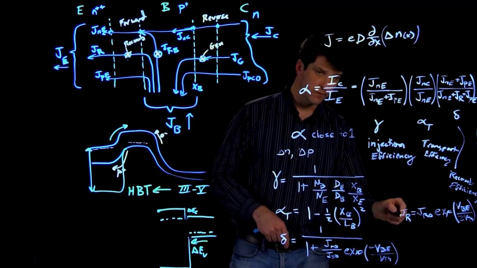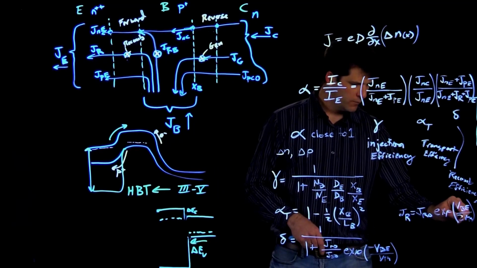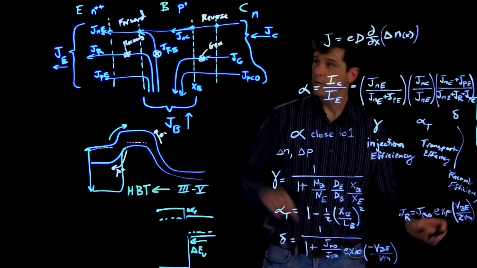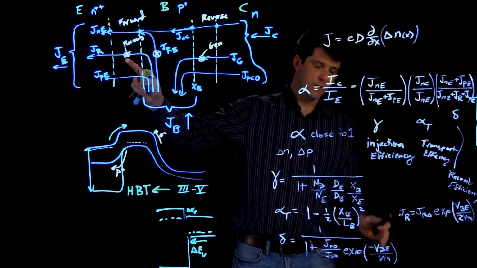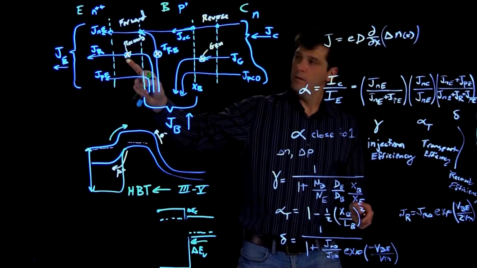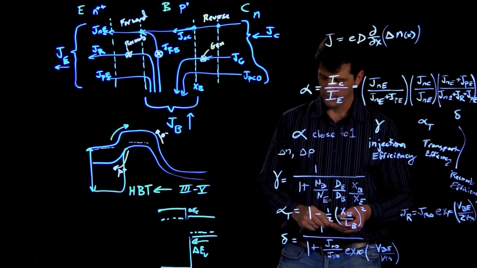So because this is a recombination current, again, we end up with this factor of 2 in the non-ideal diode equation, because it's a recombination assumed to be in a mid-gap state.